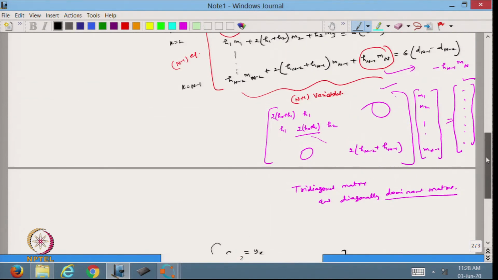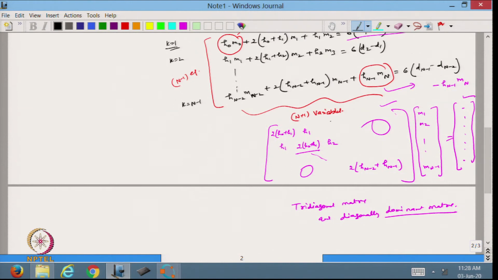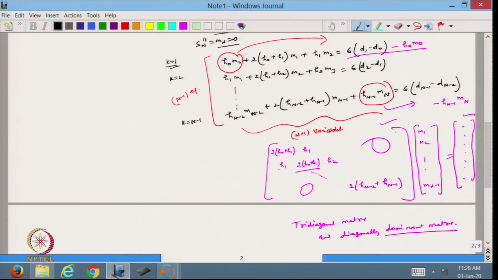So this is basically the matrix I have written there, starting from here. Only thing is that the first row and the last row we have to write separately, because they have a different form compared to the others. All other rows have the same form, with 3 points, that is why it is tridiagonal. Only the problem is coming in the first row and the last row.